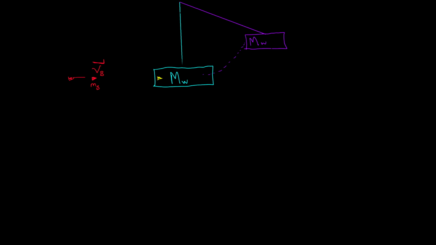So we'll start over here, and we'll say initially the whole system has momentum. The initial momentum is the mass of the bullet times the velocity of the bullet plus the mass of the block times the velocity of the block.